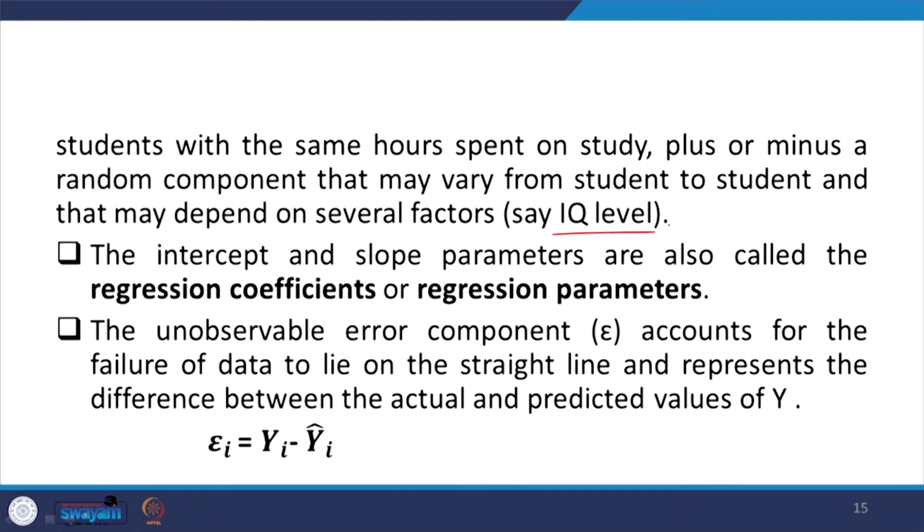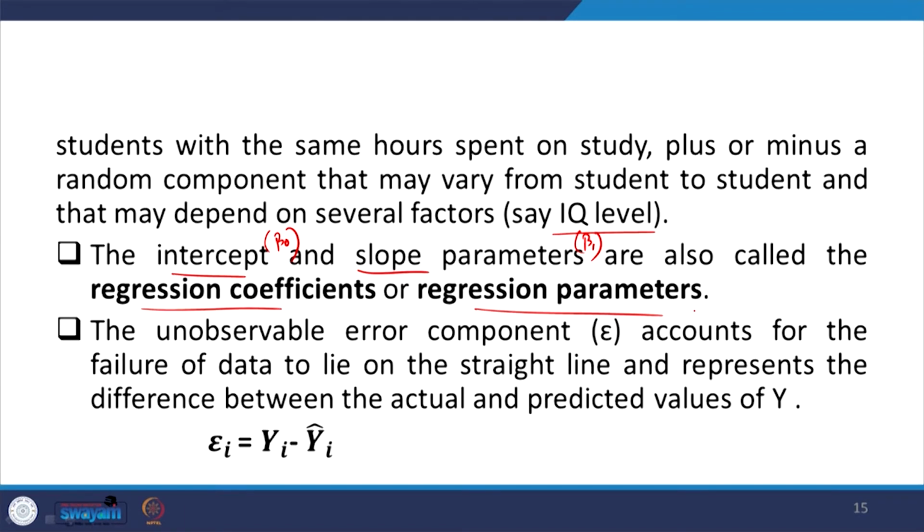The intercept and slope parameters, the intercept which I have started emphasizing, and the slope parameter, that is beta. The intercept is beta 1, the intercept is beta naught. Okay. So, slope parameters are also called regression coefficients or regression parameters. Okay. This is going to be used throughout our lectures from now on.